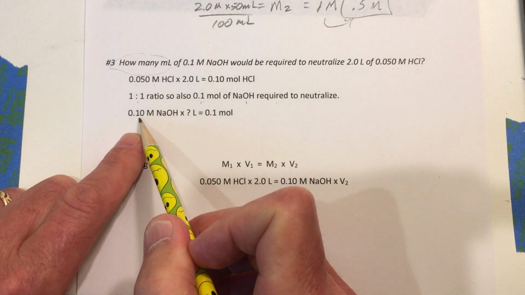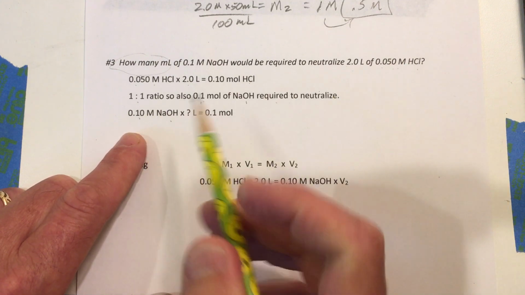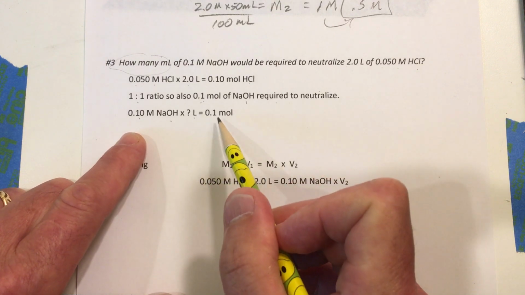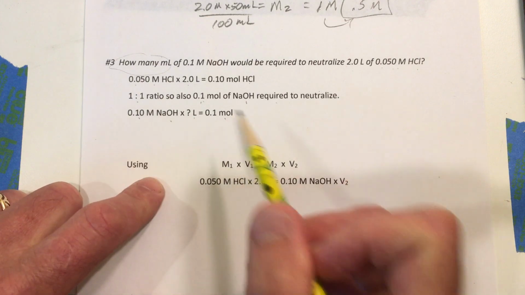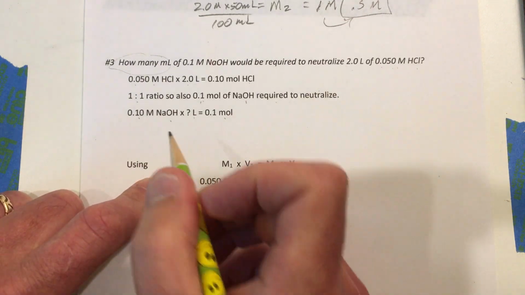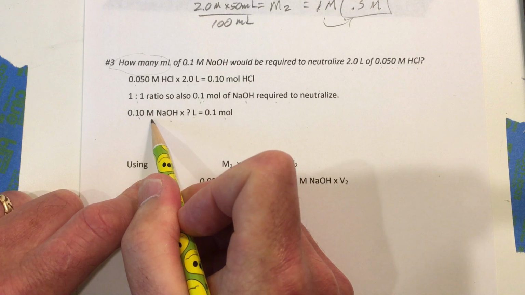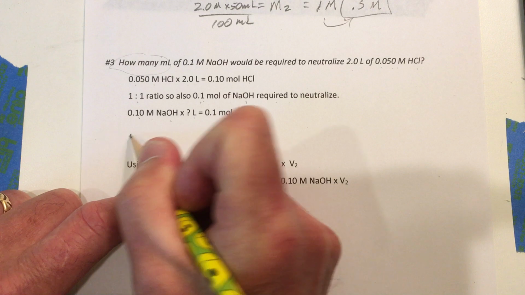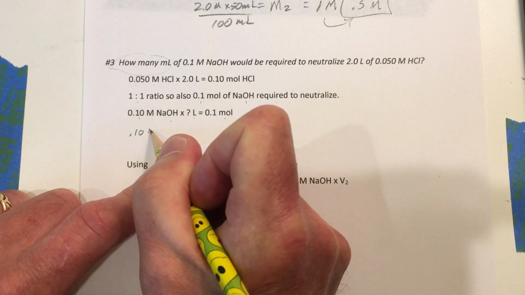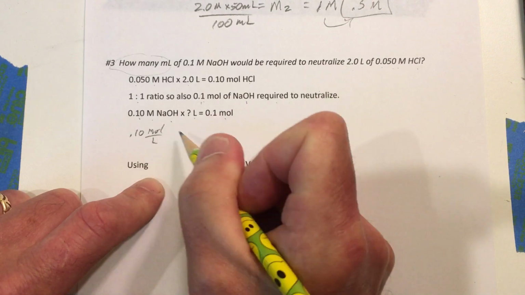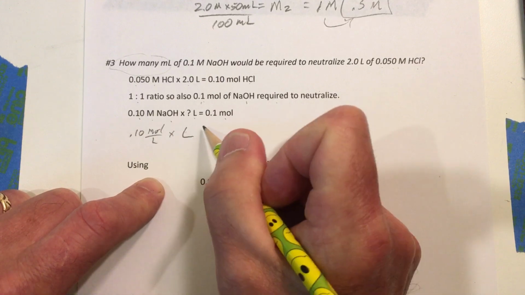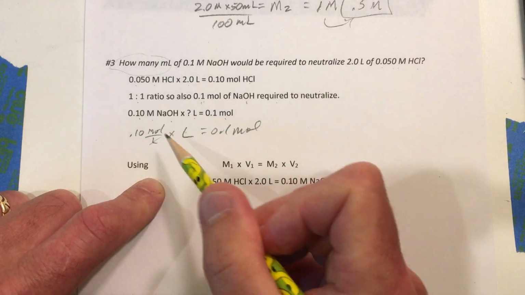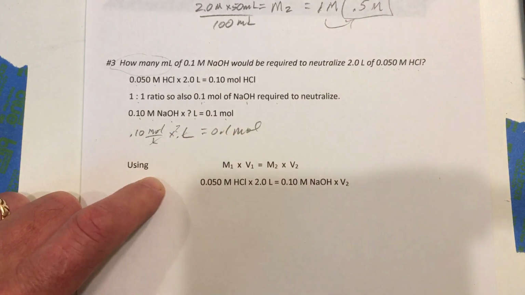So if we want to know what volume of sodium hydroxide gets us to 0.1 mole, keep in mind this is 0.1 molar, so we write 0.1 moles per liter times liters gives us 0.1 mole. And the liters cancels liters, but we don't know what that is.